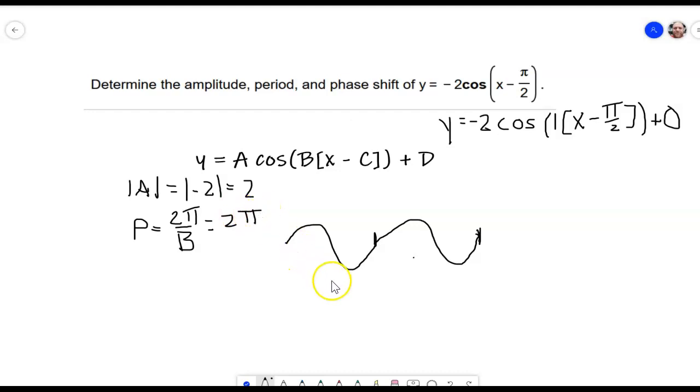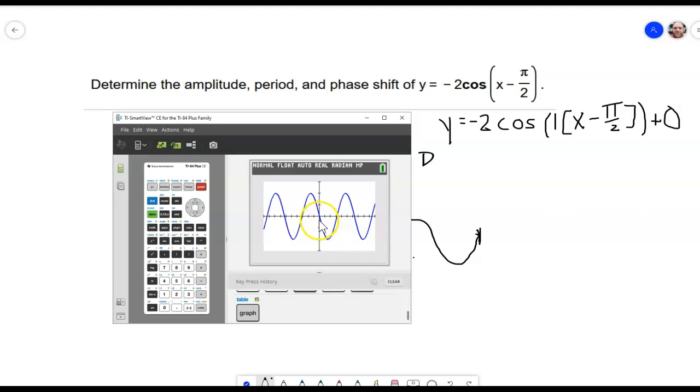So this is repeating every 2 pi, and let's see if we can see that on here. It looks like it starts here, and by the time this thing starts over again, it's right here. So if I go to my trace function, this point right here should be around 2 pi, or around 6.28. So let's make sure that's what that is.